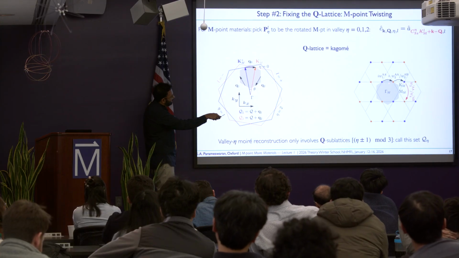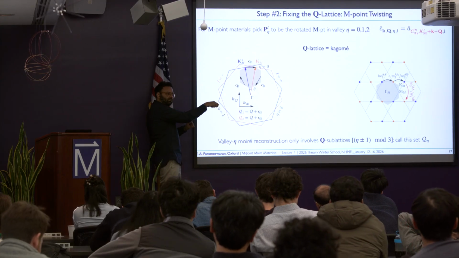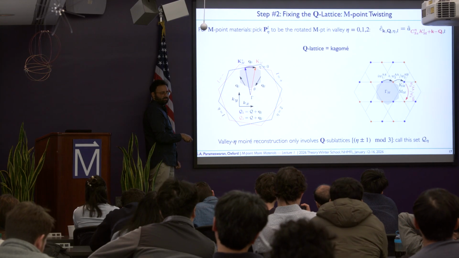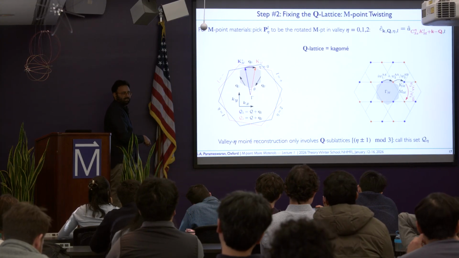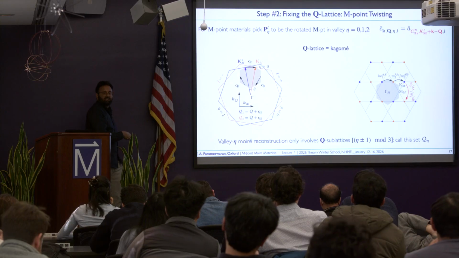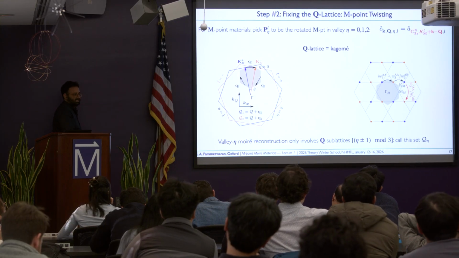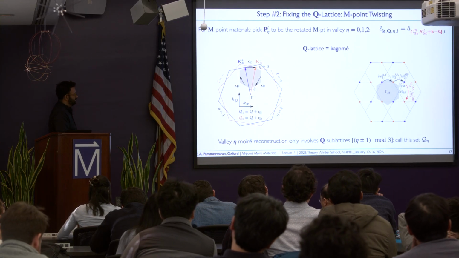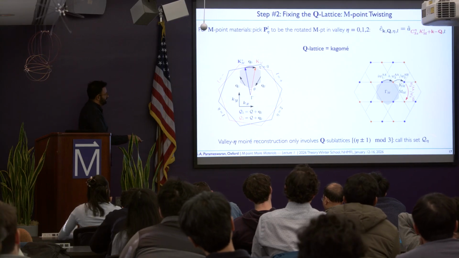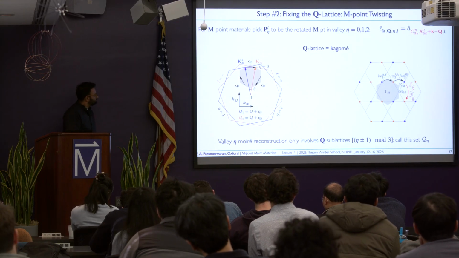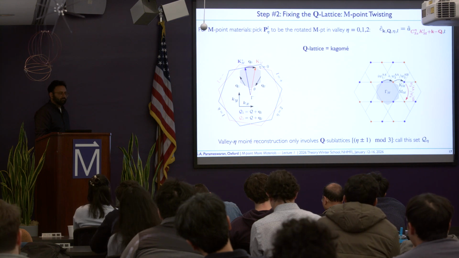For eta equals 1, it will involve the other pair going that way, and for eta equals 2, the third pair. So the momentum space lattice actually has this principle of exclusion built into it. That's the Q lattice that you get, and that builds in some of the physics that we'll see. It's important to think about the various symmetries. I'm going to call this set Q eta for each of them. So good. Happy so far?